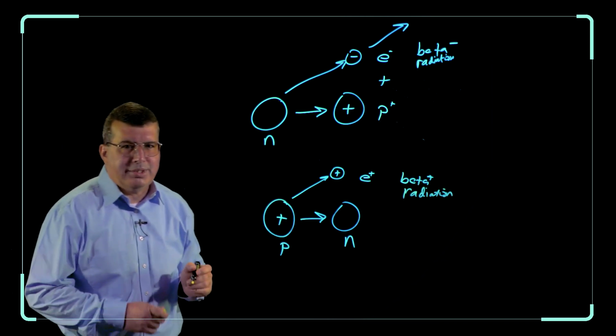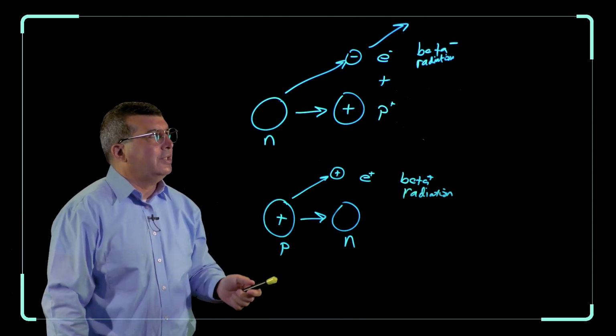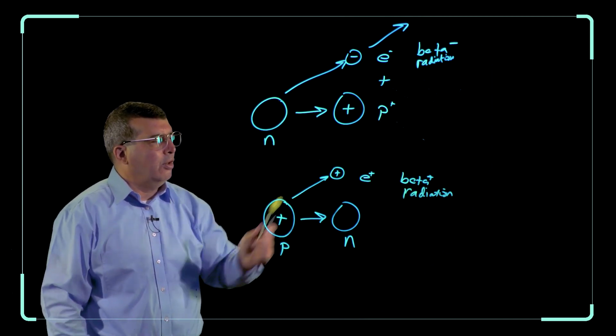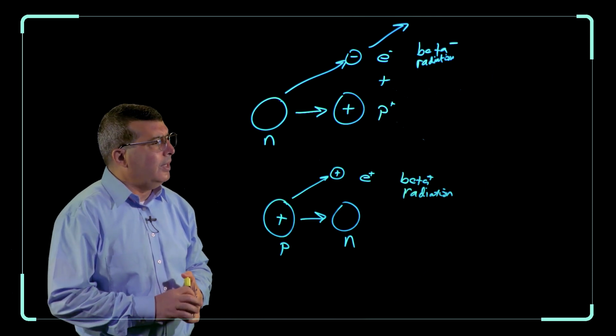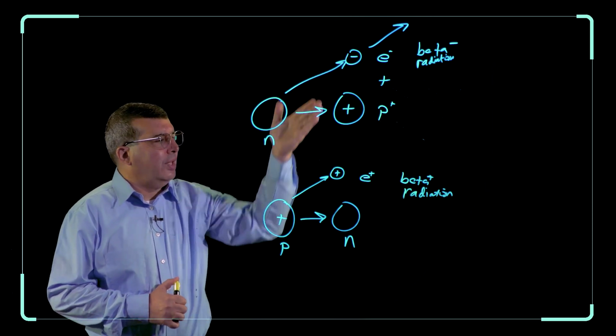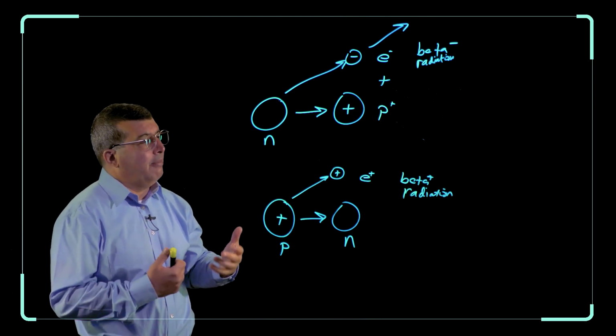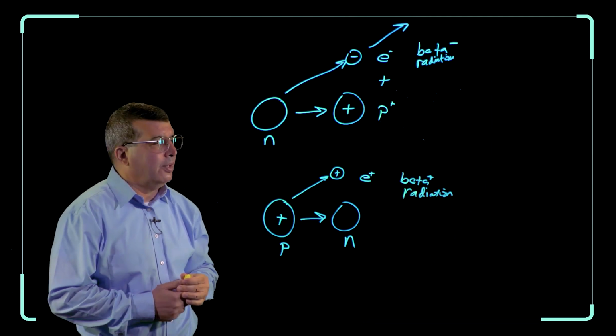So these two processes are both called beta radiation. We can have beta minus or beta plus. And the electron and the positron are also both called beta particles, either a beta minus particle or a beta plus particle.